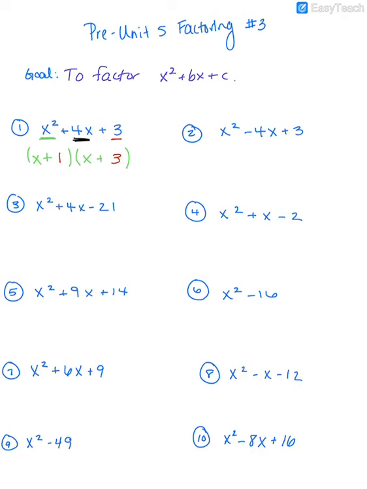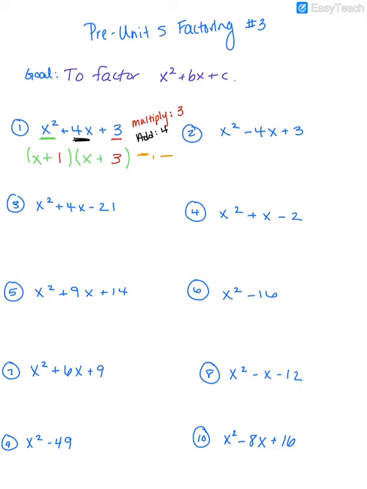Okay, so to do this as a shortcut, what we are looking for is numbers that have to multiply to 3, and they have to add to 4. That's how I come up with 2 numbers.